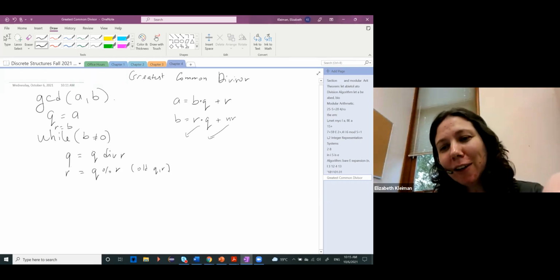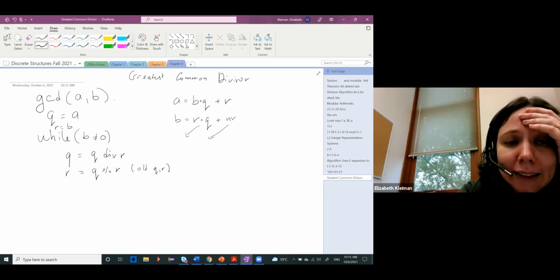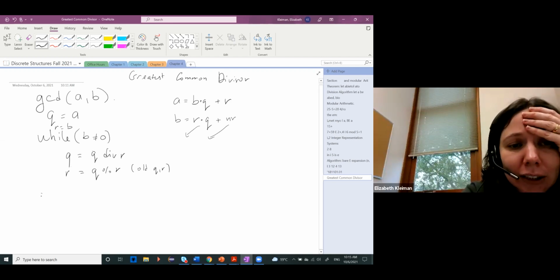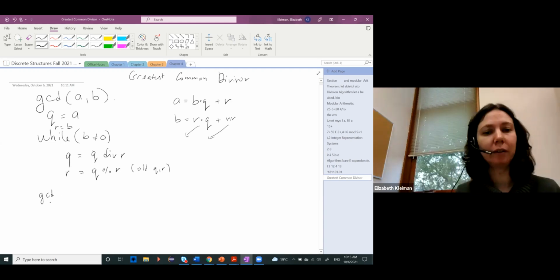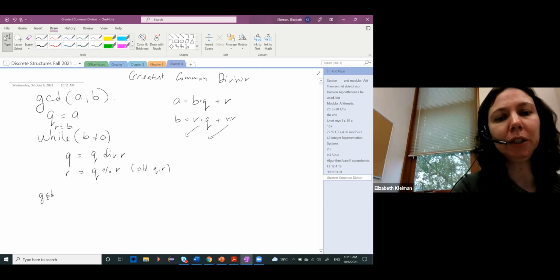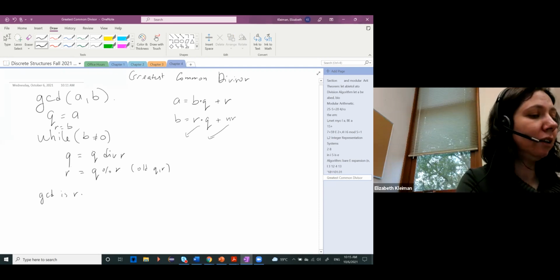So those are the Q and R's I'm using, I'm changing them. And then at the end, my GCD is going to be B. My GCD is going to be the last remainder I got.